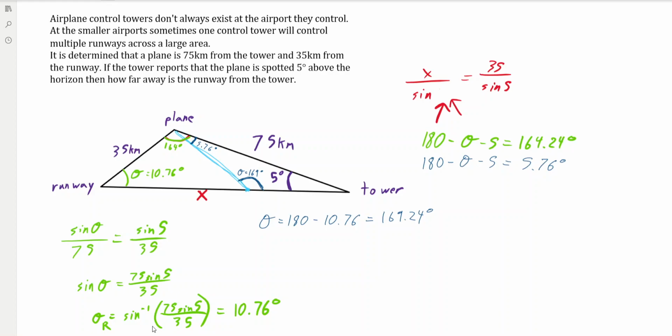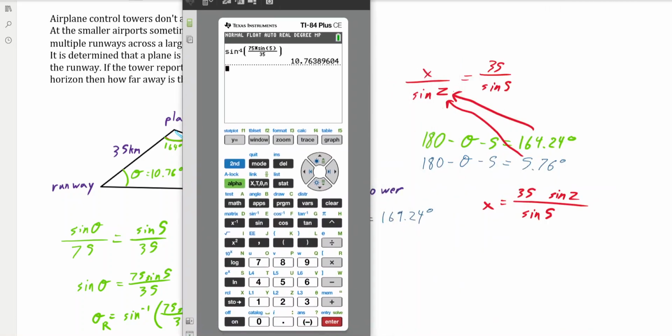Depending on the circumstance that we're looking at, we're going to place two different values in here. But let's just leave it as Z for now, which is going to come from these values here. In the first option, x equals 35 sine Z over sine 5. Now what we can do is just plug in both of those different values.